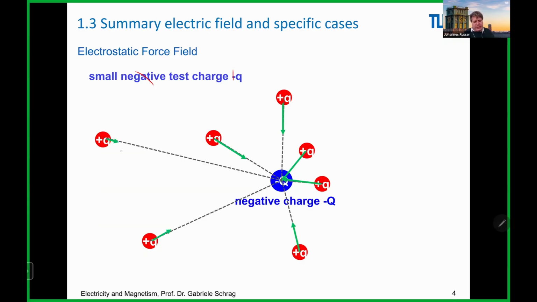And as we go further away, you see the same thing that happened before: the magnitude of the force vector is shrinking according to 1 over r squared.